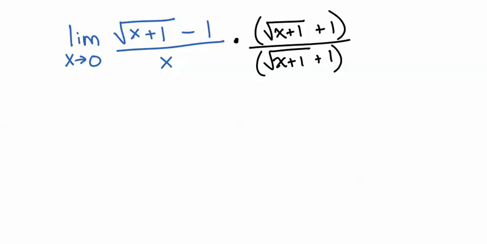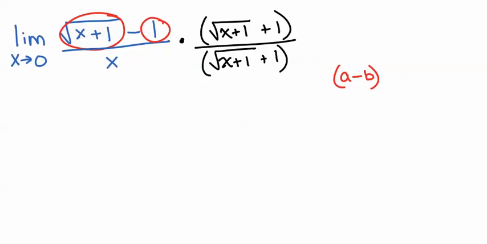But here's what I'm doing. I'm noticing that I have a situation like this: I've got an A minus B. I'm just generalizing, there's a term minus a term. I know, because I'm really good at factoring, that if I stick an A plus B beside it, that's a difference of squares.